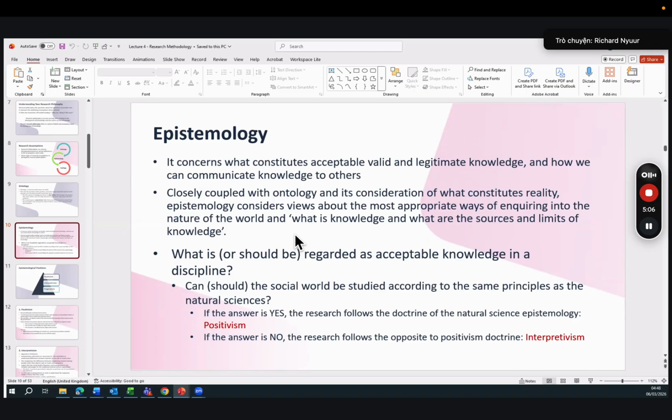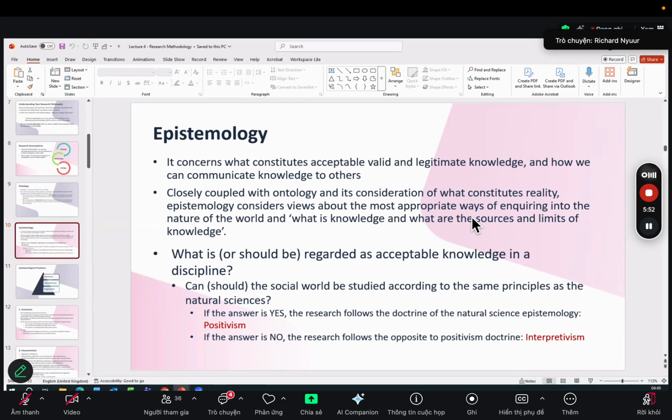Positivism aligns with the doctrines of natural sciences, that legitimate knowledge or valid knowledge is based on objective assessment, as talked about in the ontology, of numbers, used to validate knowledge, to test issues and phenomena, and to communicate that knowledge to others.